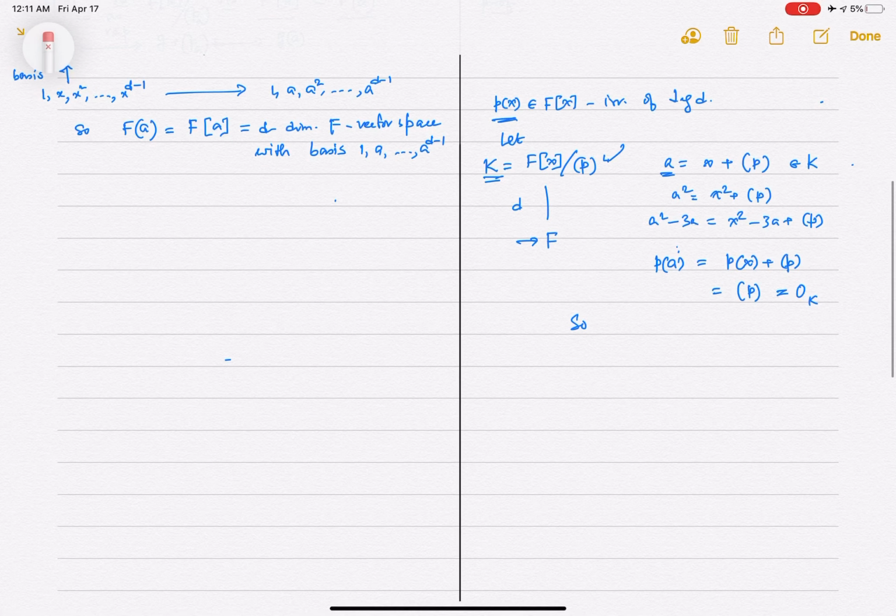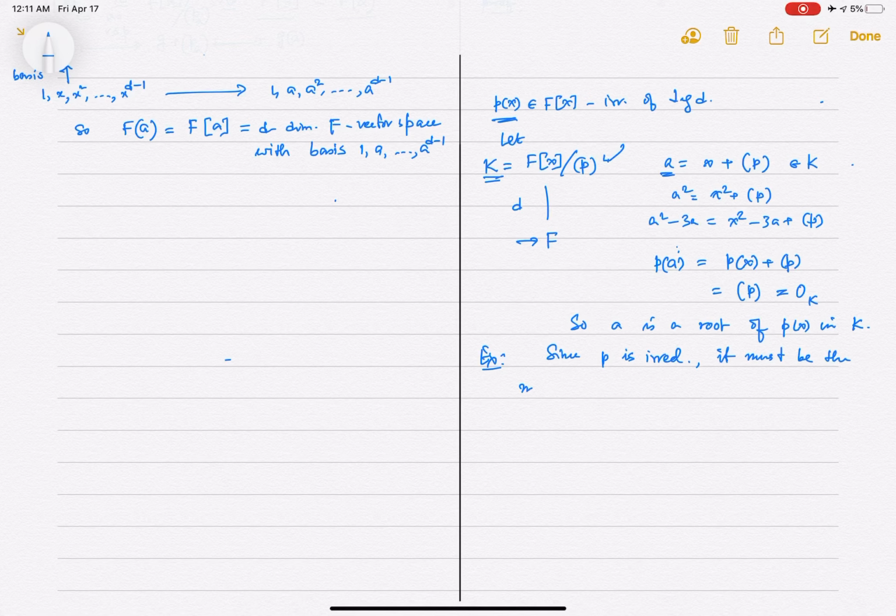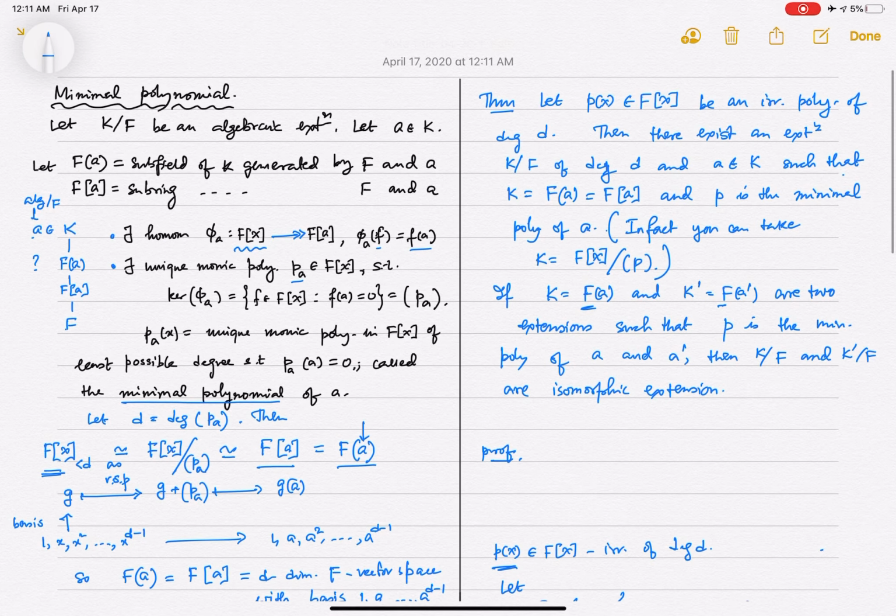So a is a root of p(x) in K. And since p is irreducible, it follows easily, this is an exercise, that it must be the minimal polynomial. Or did I say it was monic? Maybe I should say monic.